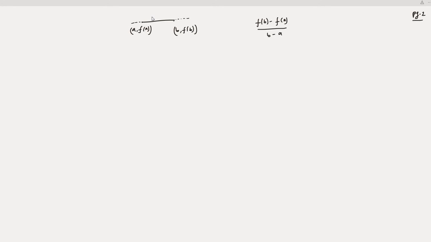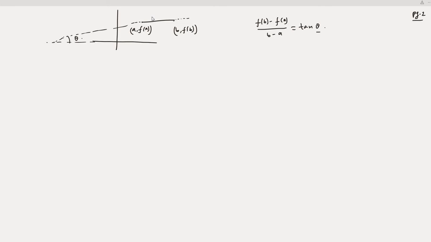This slope is tan theta, where theta is the angle of the line with the x-axis. Of course here b is not equal to a.